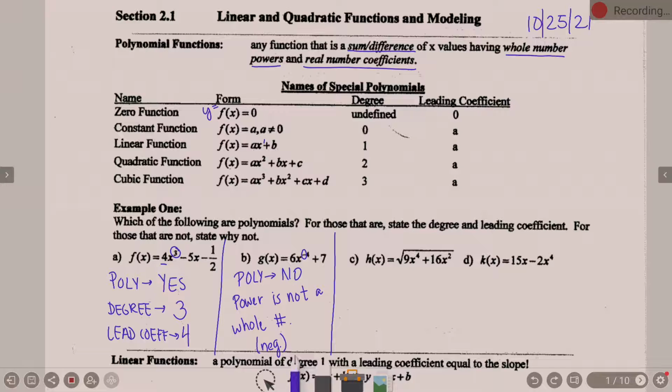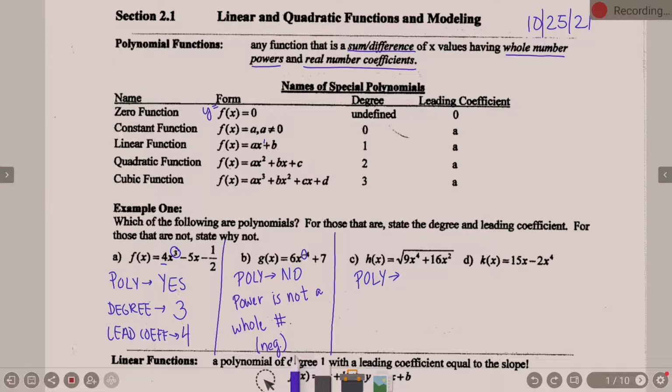Okay, C when you're ready. H of x equals the square root of 9x to the 4th plus 16x squared. And again, the first question is, is that a polynomial? Yes.